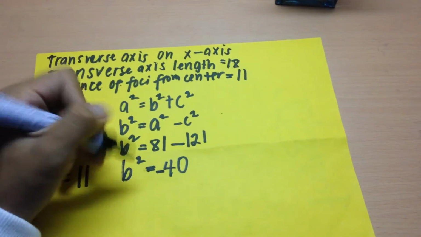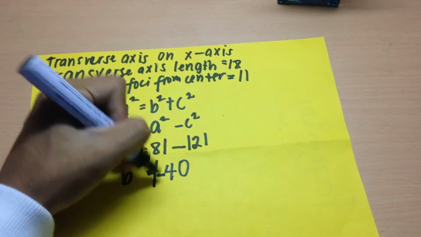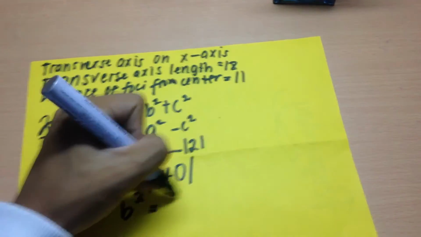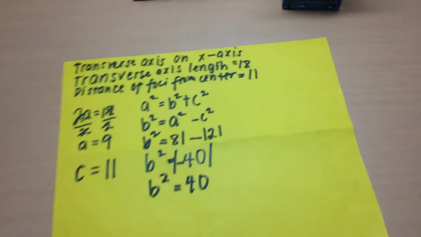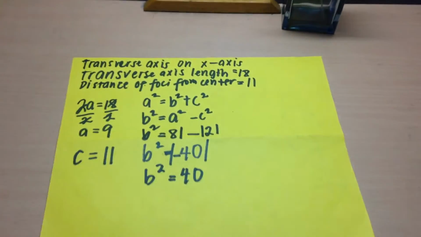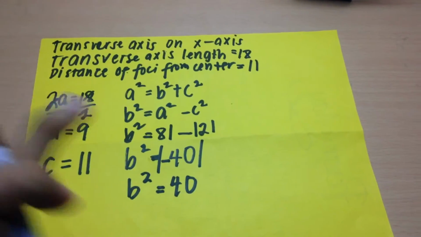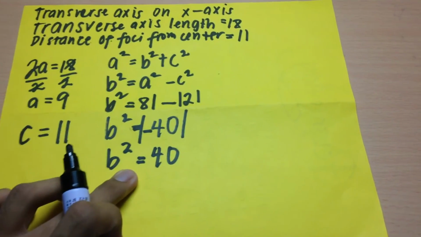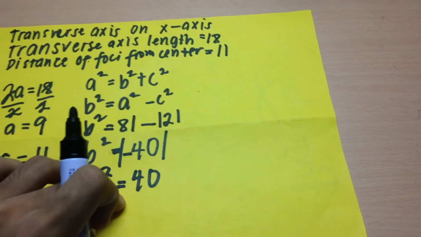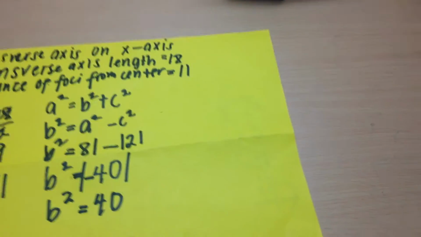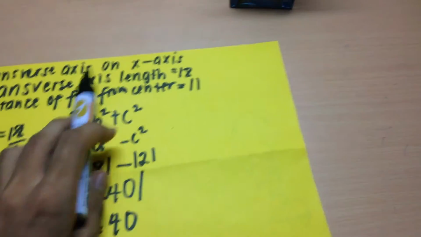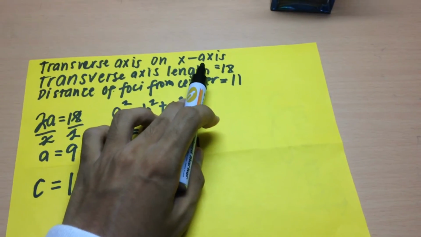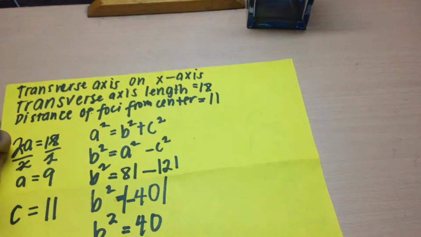So b squared is equal to negative 40, and then we'll have to get the absolute value. b squared is equal to 40. So yeah, we got now the b squared, and now let's get the standard equation for this. The transverse axis lies on the x-axis, so it is a horizontal hyperbola.